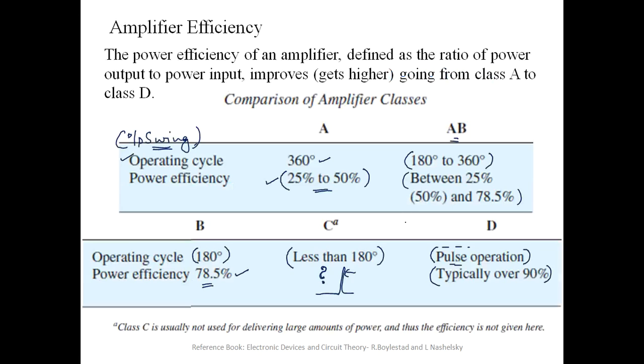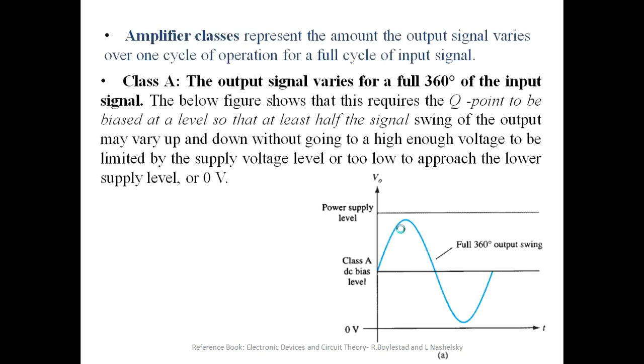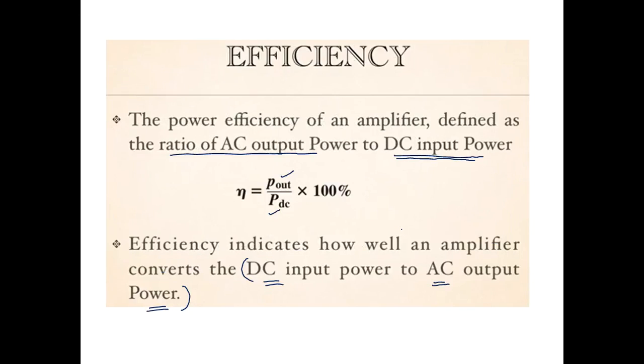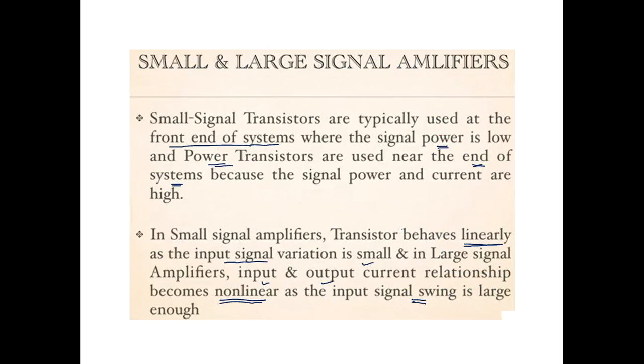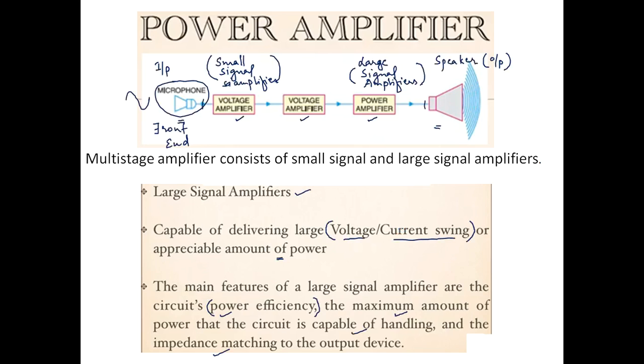All right, so I think we will stop here. In the next class we will discuss each and every individual class of power amplifiers in a lot more detail. Just to summarize, what did we do today? We tried to understand the concept of a power amplifier, where it is being used, especially in a communication system.